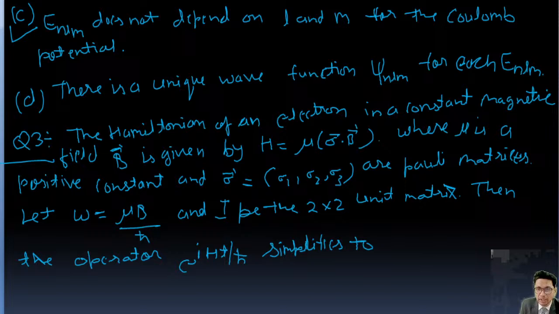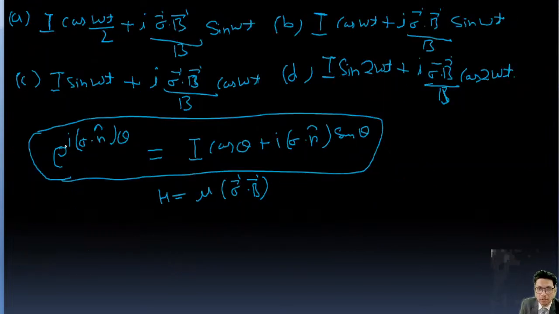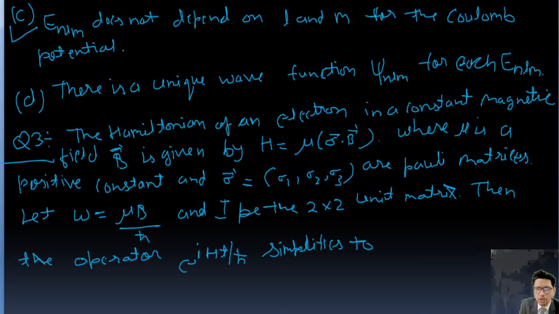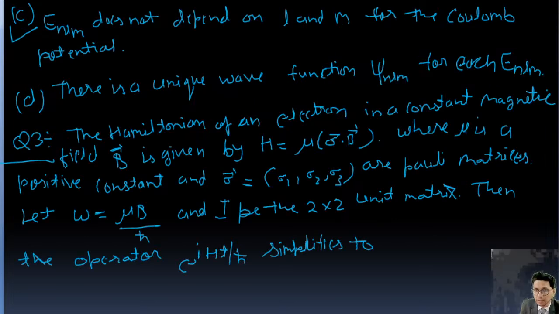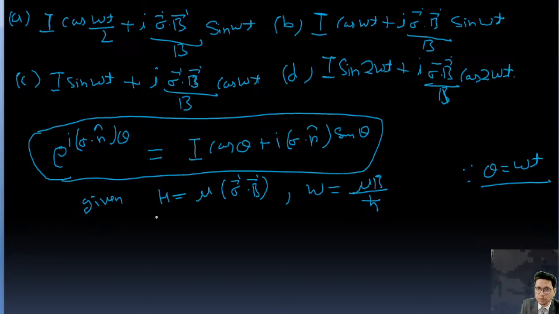Omega is given, omega equal to mu B upon h cut, and we know theta is omega t. Sigma is a Pauli matrix, which is also given. Now we are going to solve it.